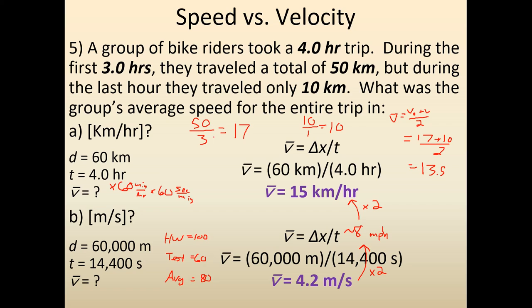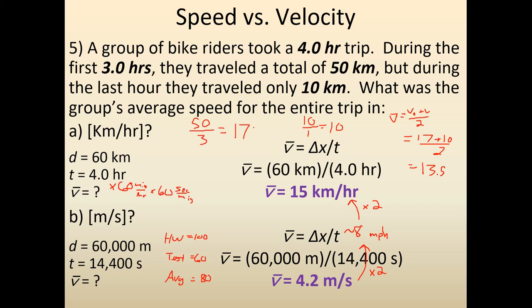This 17 kilometers per hour goes on for much longer than 10 kilometers per hour. So when you take an average like this, you're assuming that these occurred for the same amount of time, which they didn't. So if you were going to do an average like this, you'd have to do what's called a weighted average.